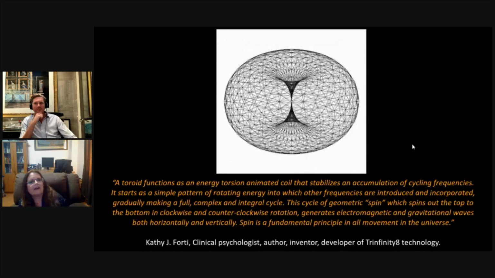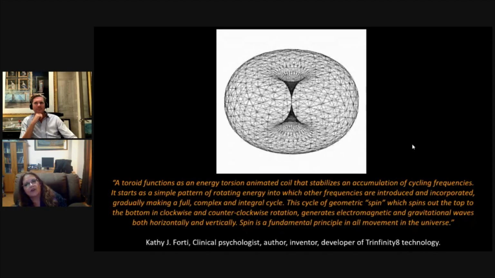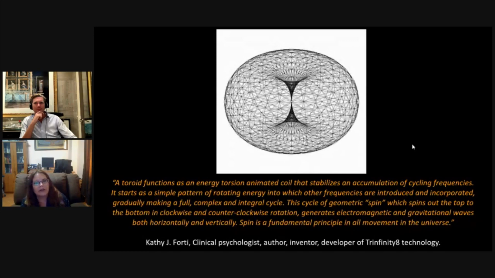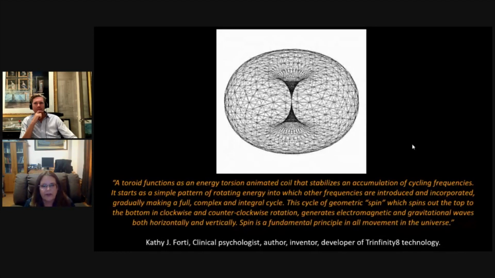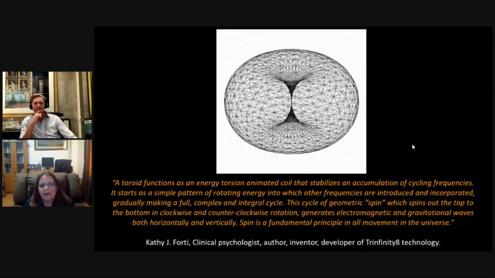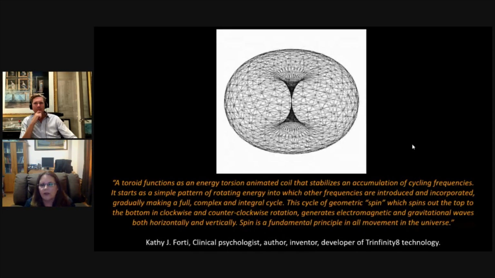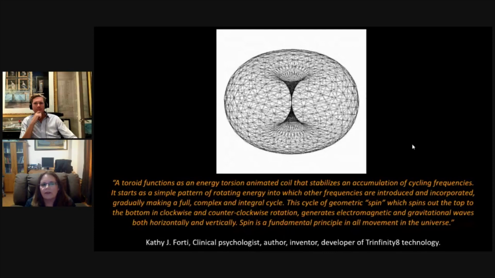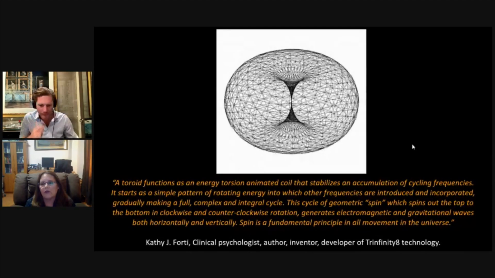The torus functions as an energy torsion animated coil that stabilizes an accumulation of cycling frequencies. It starts as a simple pattern of rotating energy into which other frequencies are introduced and incorporated, gradually making a full, complex, and integral cycle.